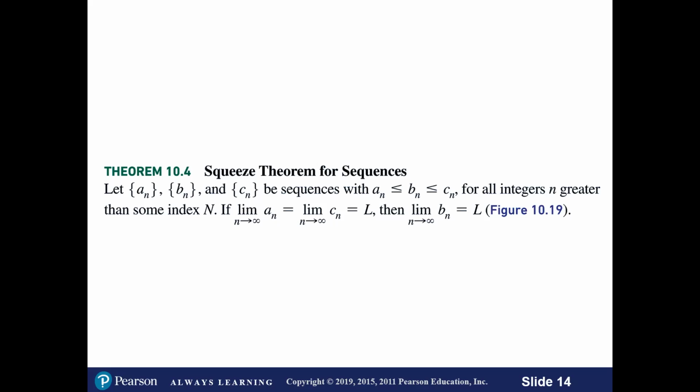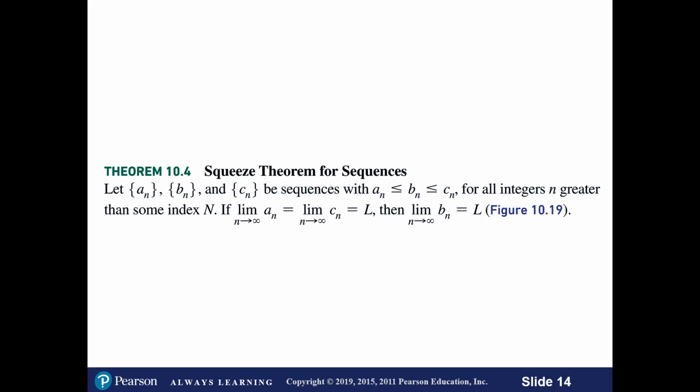So if a_n, b_n, and c_n are sequences such that the a_n terms are always less than or equal to b_n terms, always less than or equal to c_n, for all integers n greater than some index. To use the squeeze theorem for sequences, it isn't that it has to be true for all values of n, just past some point.